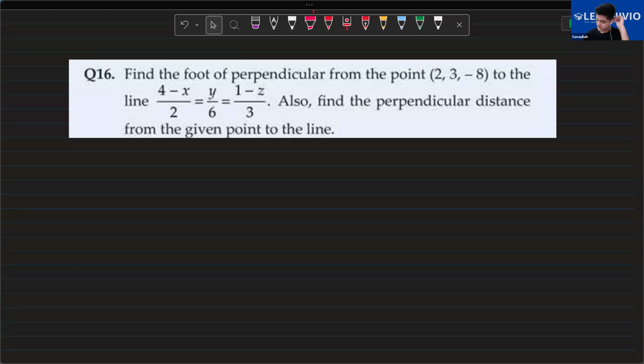Remember this thing, before starting with the equation of a line, even in a Cartesian form, first of all you have to make the equation of a line in a standard form. Then proceed with the solution.